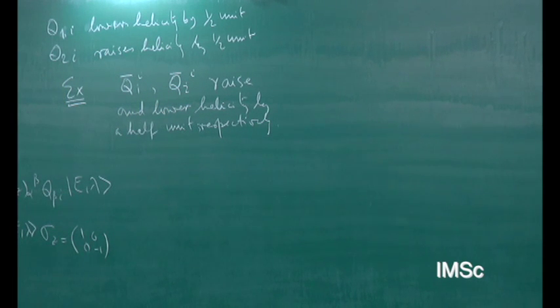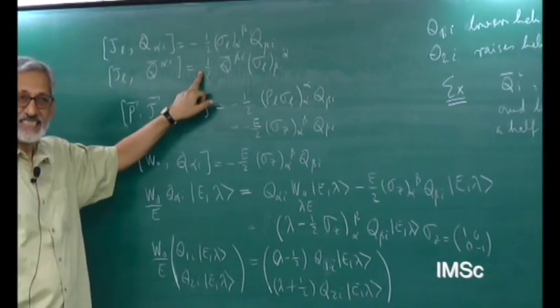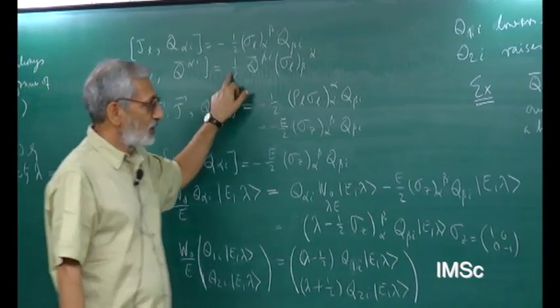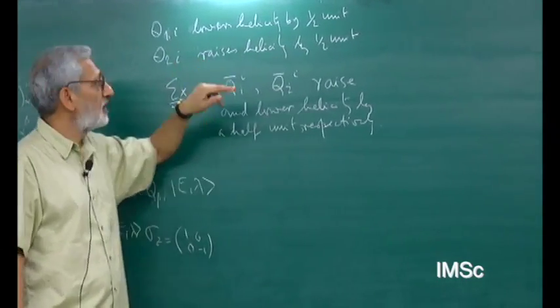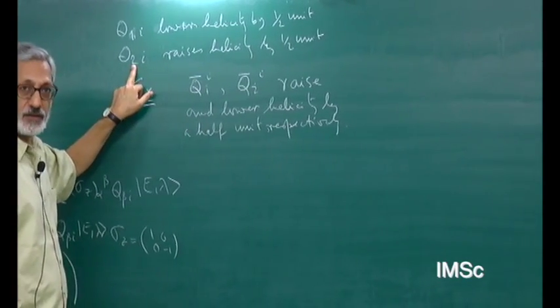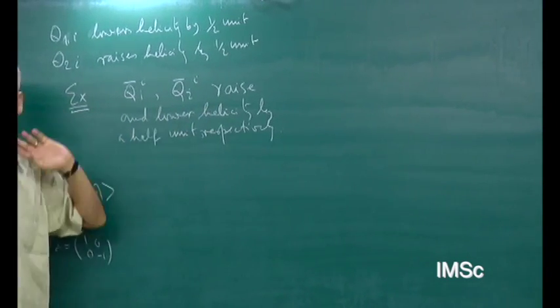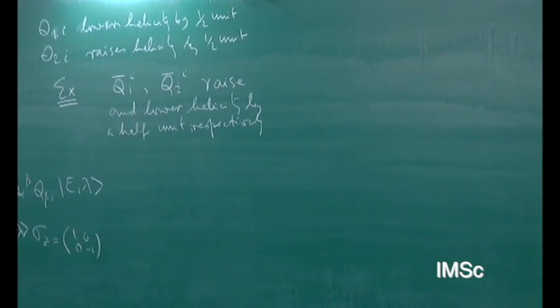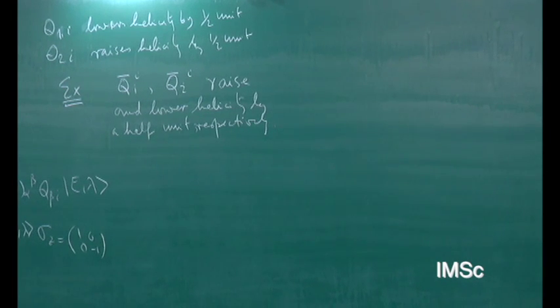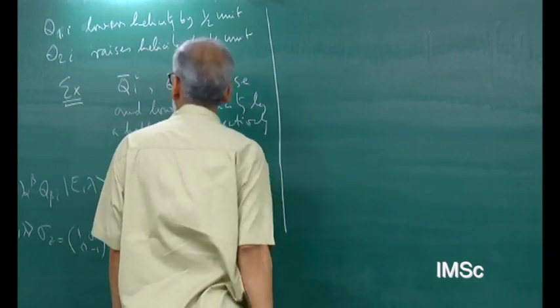Not surprising, the only difference is sign, that's what it'll interchange. So Q1 was lowering, Q1 dot will raise. Q2 was raising by half unit, Q2 dot will lower. So that's one property.